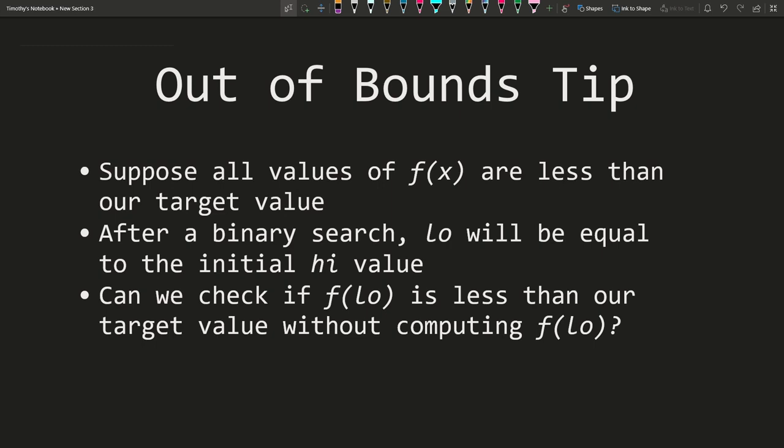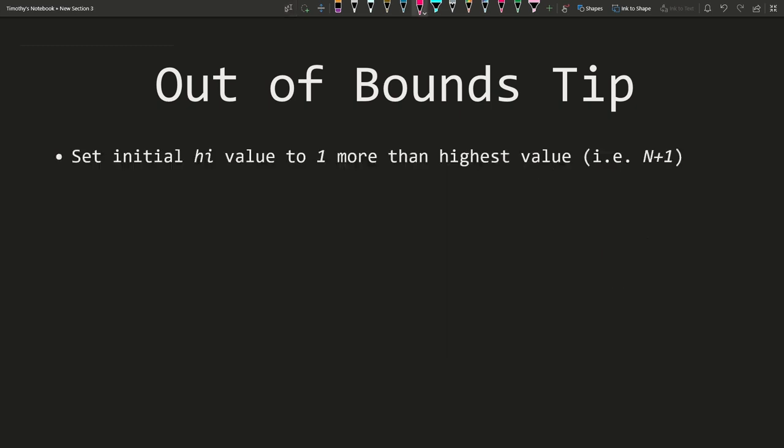And so the question is, can we check if f of low is less than our target value without computing f of low? Well, the idea is to set the initial high value to 1 more than the highest value. So for example, instead of n, we would do n plus 1.